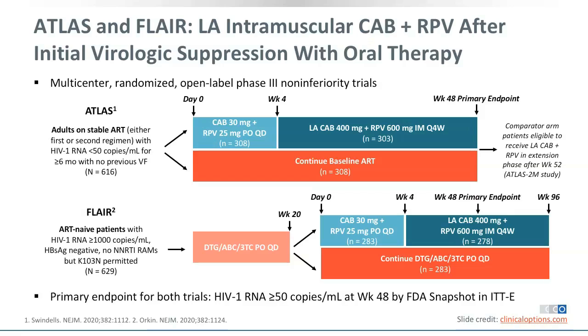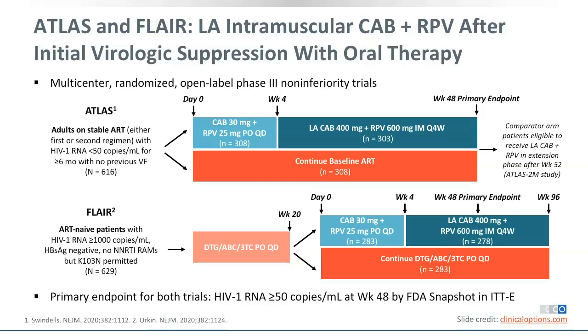The FLAIR study was a little bit different in that it enrolled antiretroviral therapy naive patients who had no history of hepatitis B and had no resistance mutations outside of a K103N. These individuals were randomized to a 3-drug oral ART regimen of dolutegravir, abacavir, and 3TC, and if achieving virologic suppression, were eligible to be randomized to the cabotegravir rilpivirine regimen or to continue this oral antiretroviral therapy option.